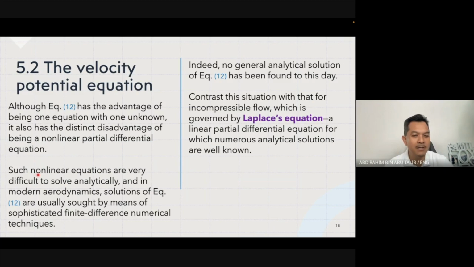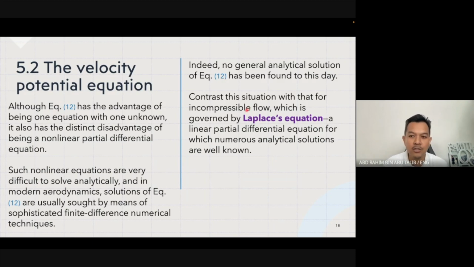Such non-linear equations are very difficult to solve analytically, so in modern aerodynamics, solutions of equation 12 are usually sought by means of sophisticated finite difference numerical techniques. Indeed, no general analytical solution of equation 12 has been found up till today. This is reported in many research works, as well as noted in the Anderson book.